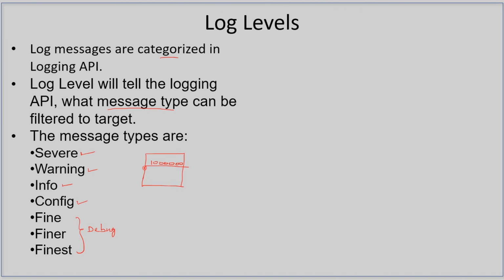In that, 60 to 70% will go for the debugging status, some remaining 20% will go into info and config category, 15% may go into warning, and only 5% will go into the severe message category, or severe error, fatal error category.